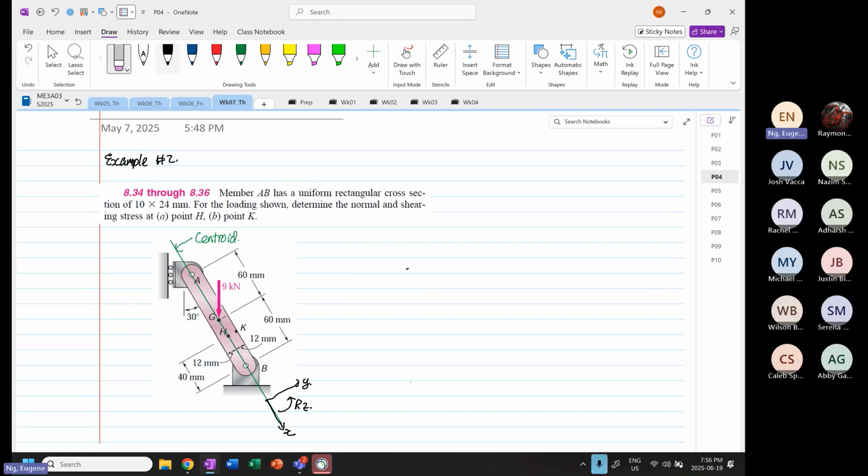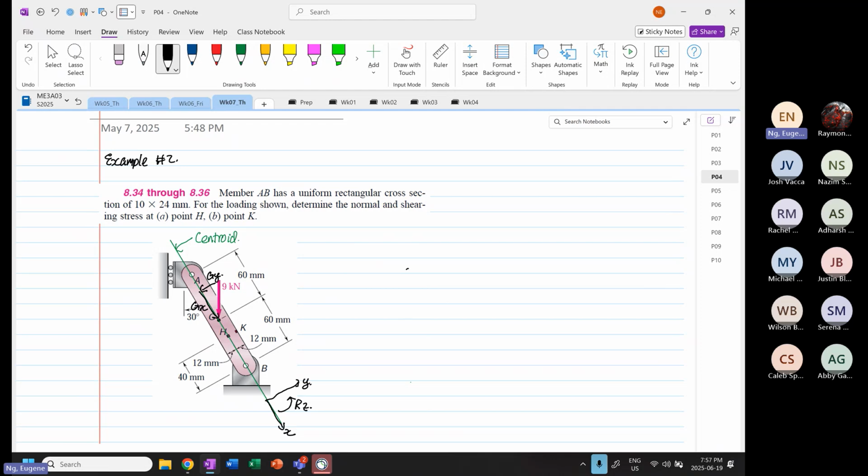Okay, so when you have done this already, we look at our components now. So we know that this is our gx, and over here this is our gy.